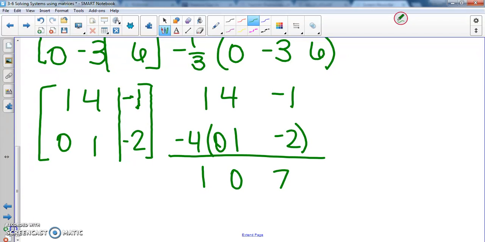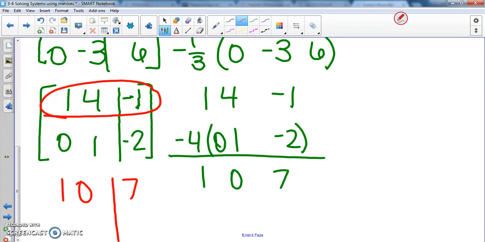I'm going to replace row 1 with my sum. So I have 1, 0, 7, 0, 1, -2.